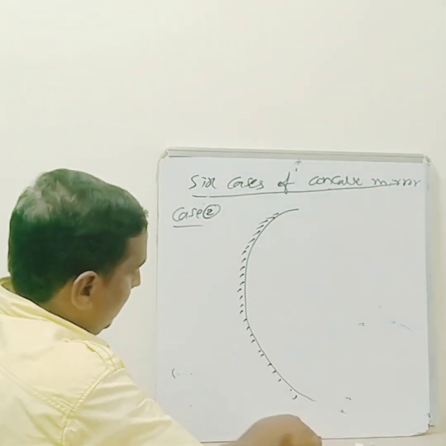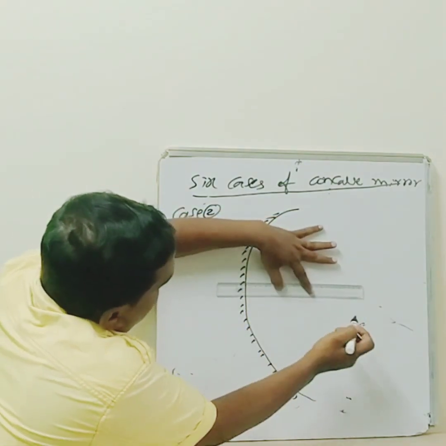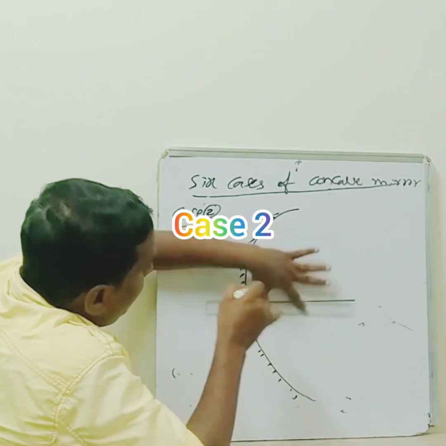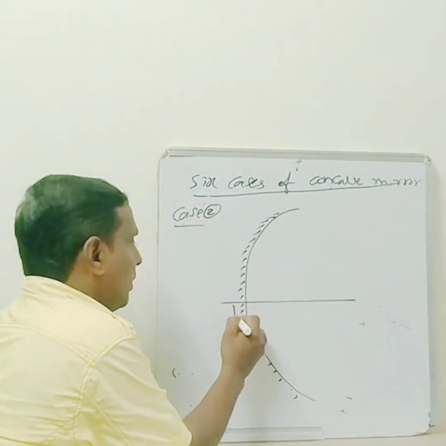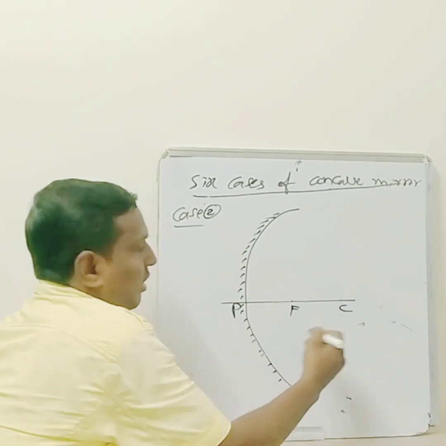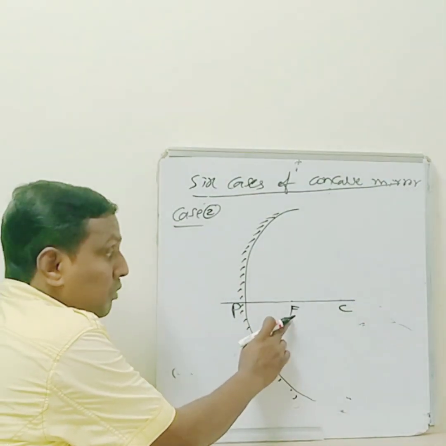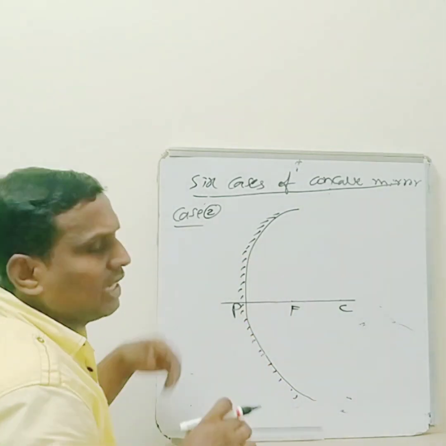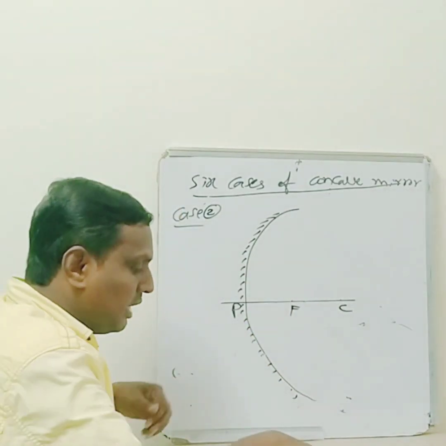This is the principal axis, pole, focus, center of curvature. Be careful here. F should always be exactly between P and C. Okay. Now again, the object is here at focus.